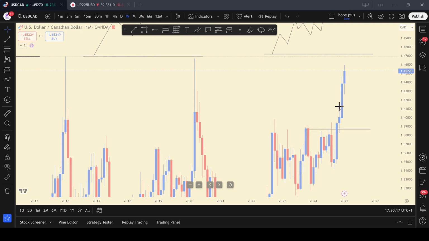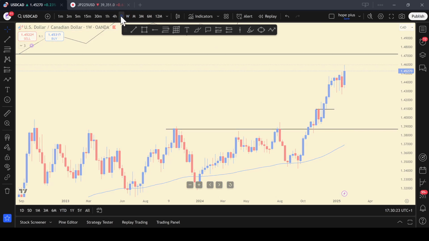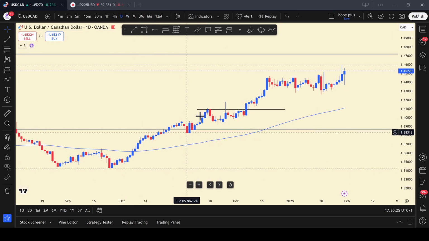What do you observe on the weekly? Up, down, up. Then what do you observe on the daily? Up, down, up, down, up, down, and then we are pushing higher. The moment you understand that this is how the market moves in fractal nature, you will be able to position yourself to make good trades.